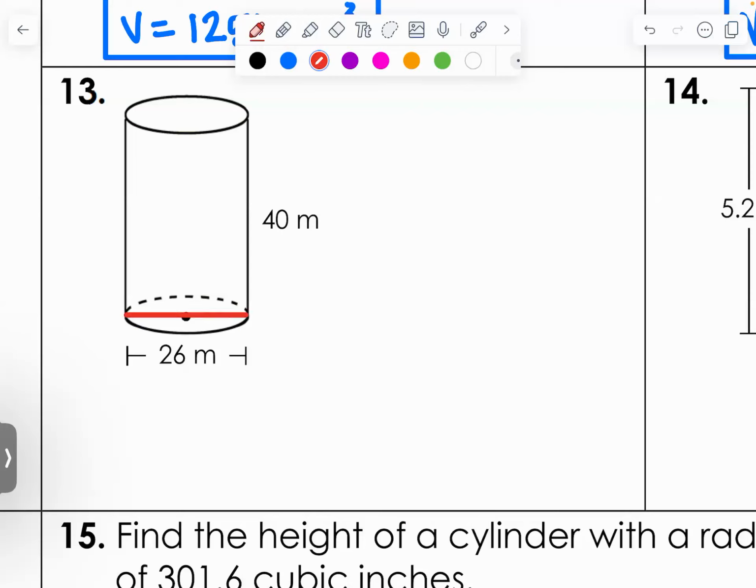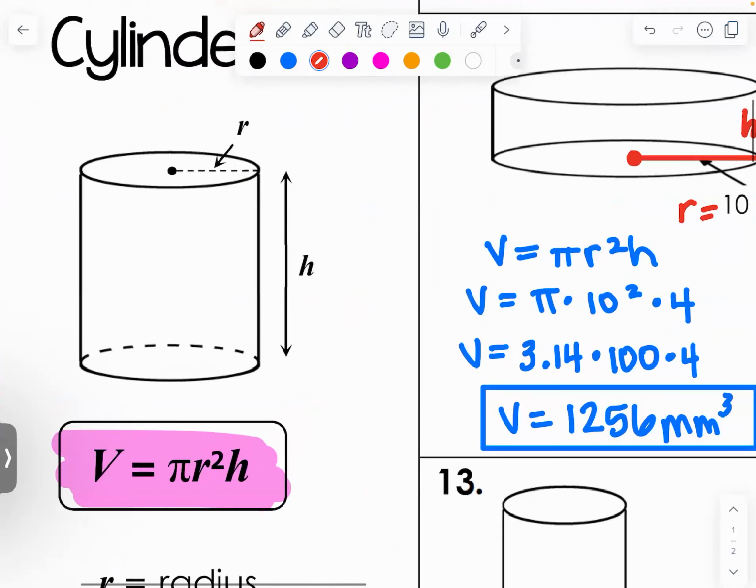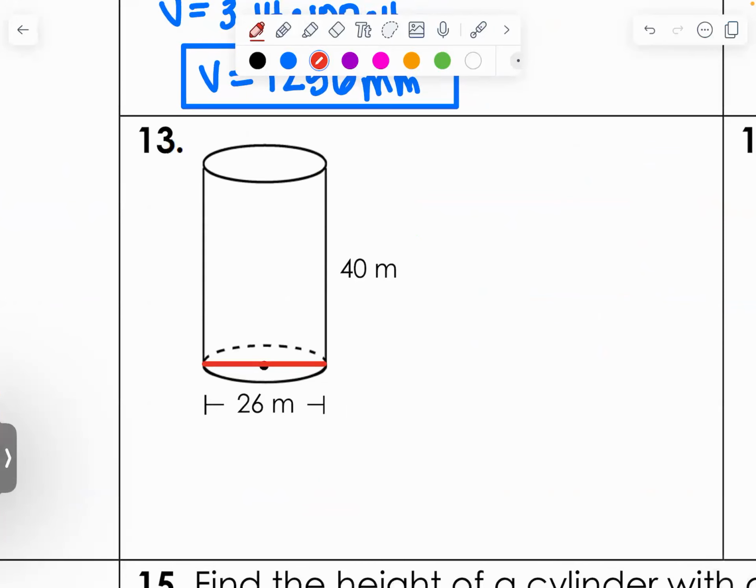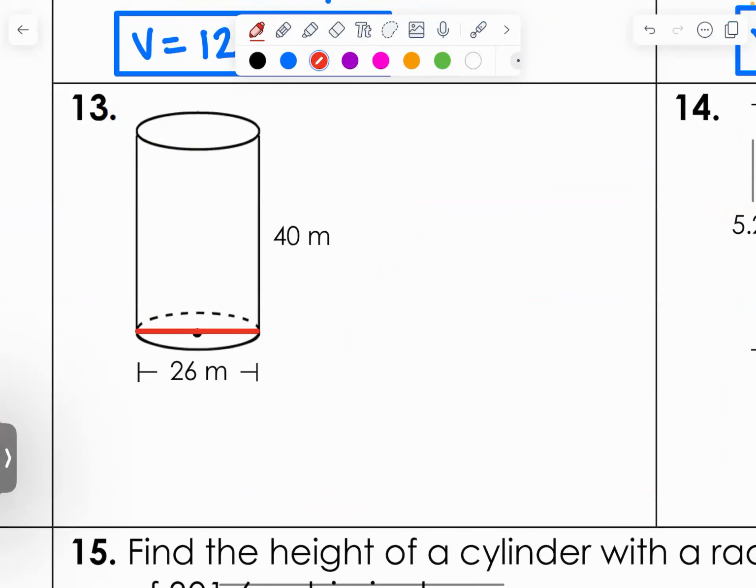Notice how it goes all the way across the circle, but radius only goes from the center of our circle. So since this goes all the way across, Cash is right. We have to split it in half, which is what? So the radius is 13. And the height, the piece connecting our two circles, is 40.